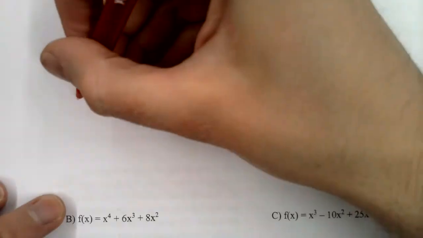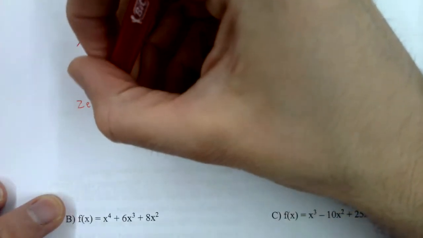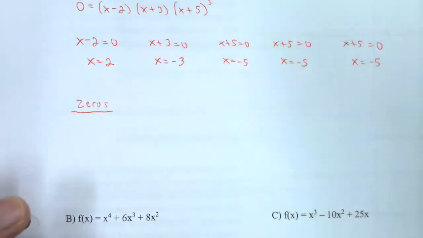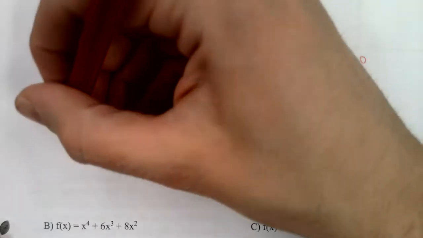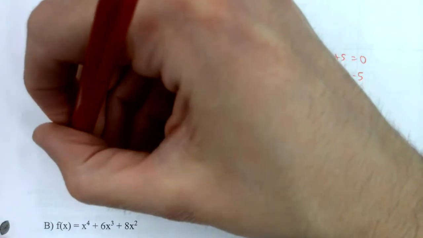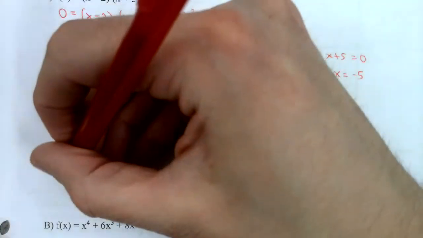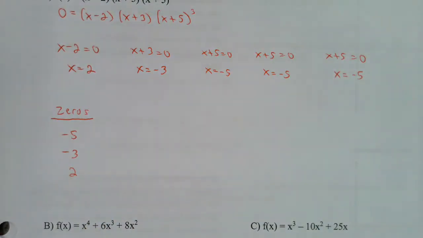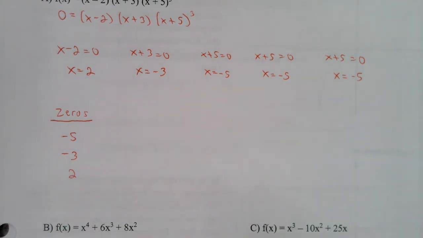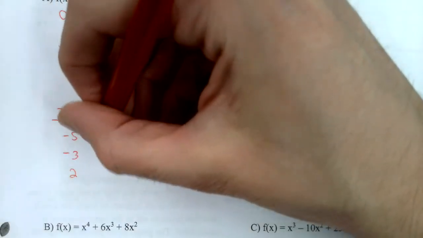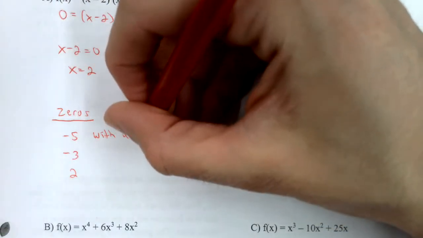Here are our zeros. Again, I like to go in order from smallest to biggest. So we have -5, -3, and then we have +2. And you have to state the multiplicity of each. So I'm going to say -5 with a multiplicity of 3 because it occurs 3 times.